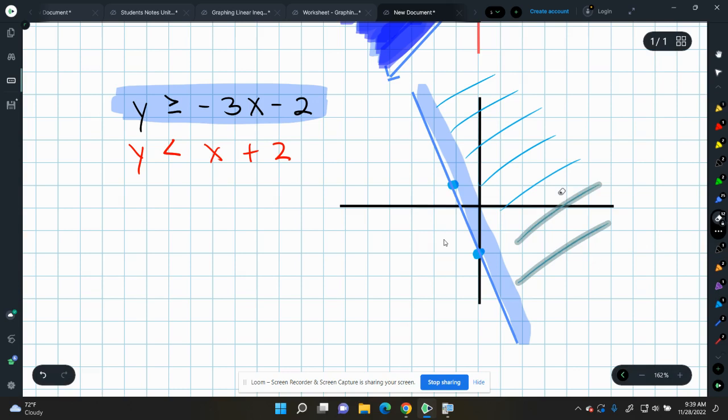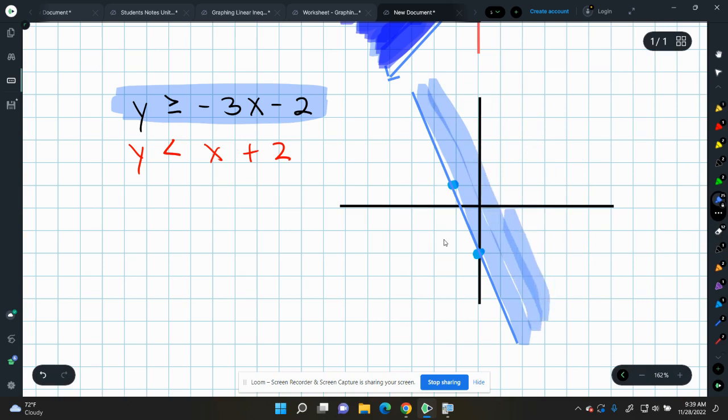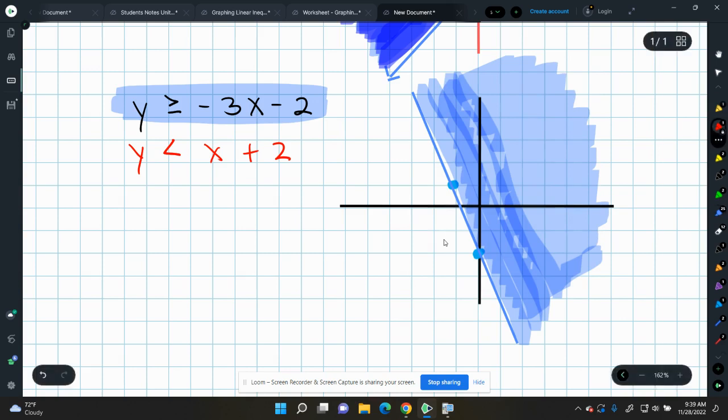So if you have colored pencils or highlighters, right? Okay, so that's the blue one.